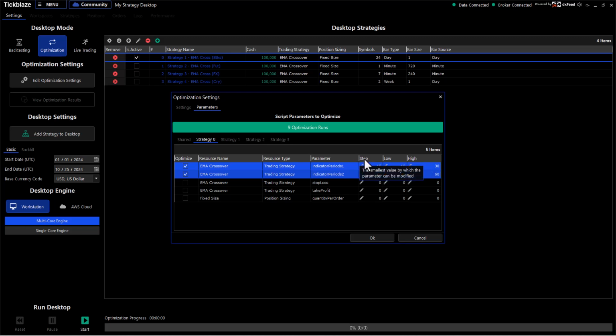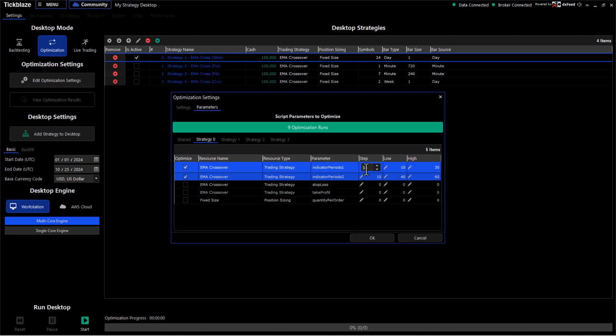Normally, step is how many increments you're going to be testing by, and the low to the high is the range in which you're going to test. I'll give you an example. This first EMA, an exponential moving average, means I'm going to start testing the 10 period, and then go all the way up to the 30 period, but in increments of 10. So I'm going to test the 10, the 20, the 30. That's what that means.